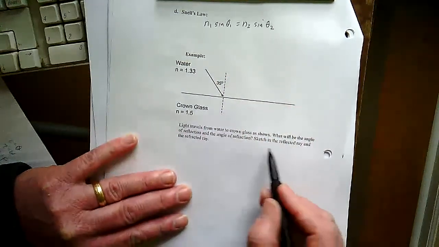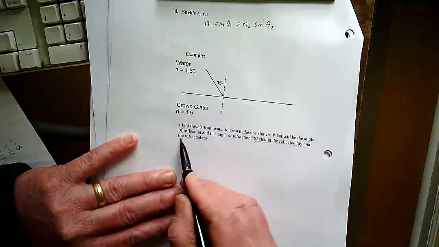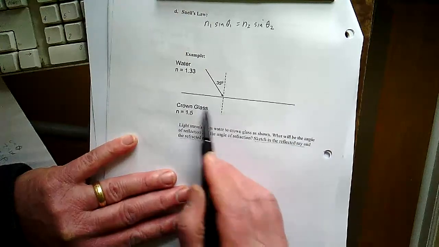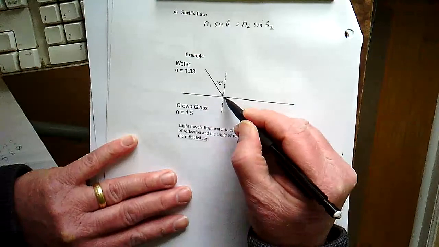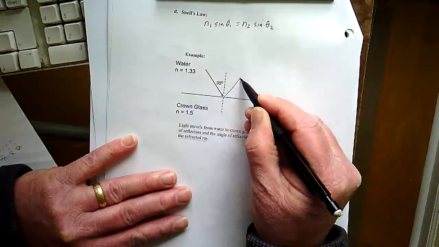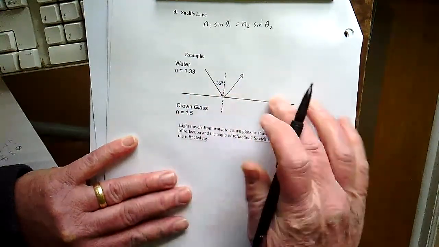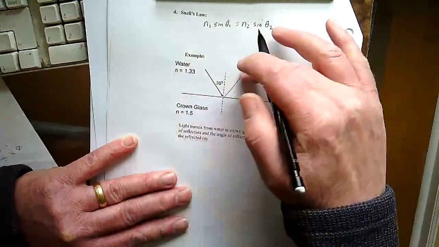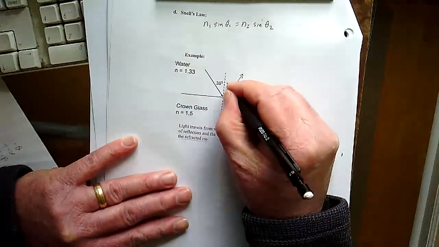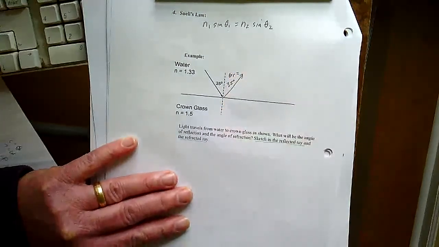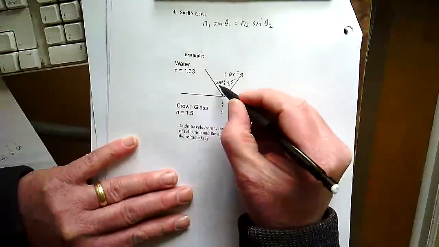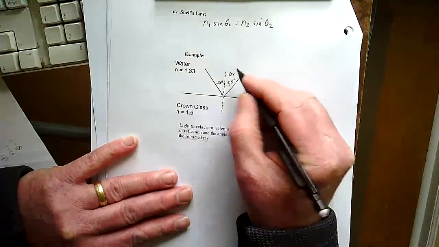But before we even do that, we can do the second part, the sketch in the reflected and the refracted ray. Well, here's my surface. The light's going to come down here, and some of it is going to reflect and bounce out that way. So here's my surface. It's going to hit that and bounce off. And I know that that angle is going to be 35 degrees because the incident angle and the reflected angle are always the same.